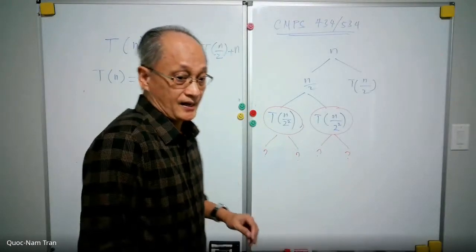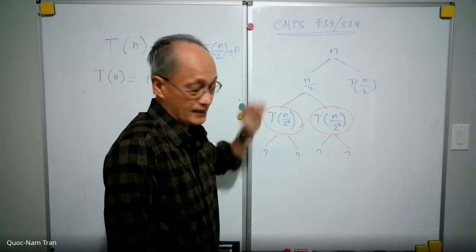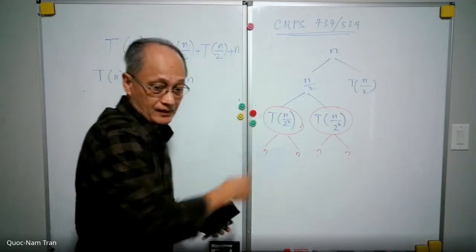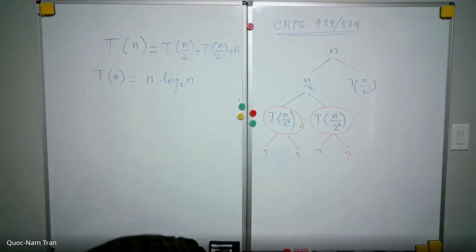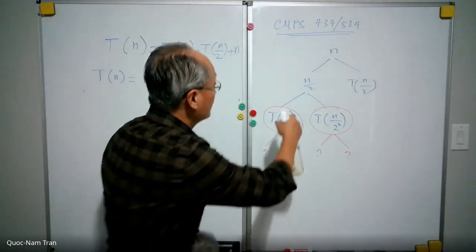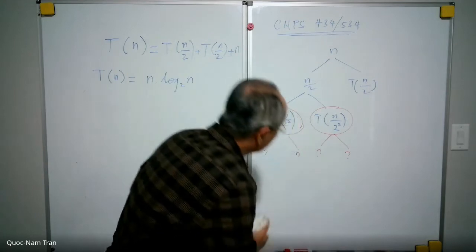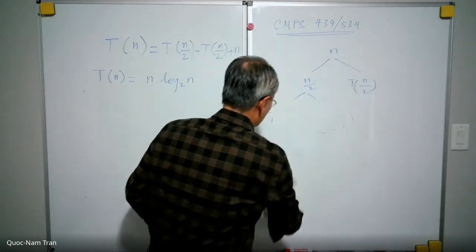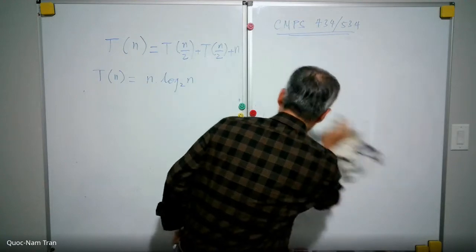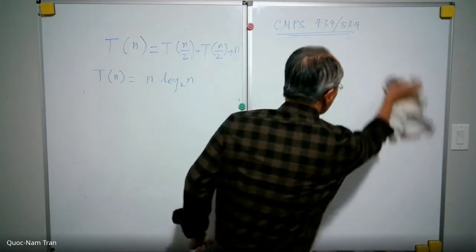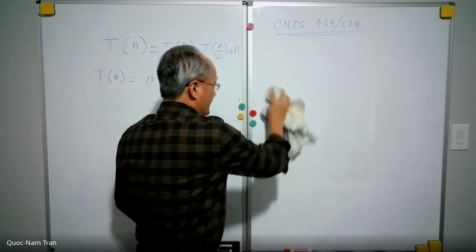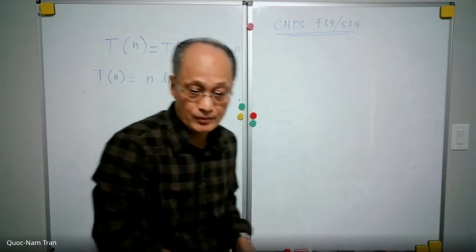Okay, let's continue. Last time we did a few things here. Let me repeat the whole process so you know how to do it for the homework assignment. The method I'm using here is the recurrence tree method that is explained in the textbook.